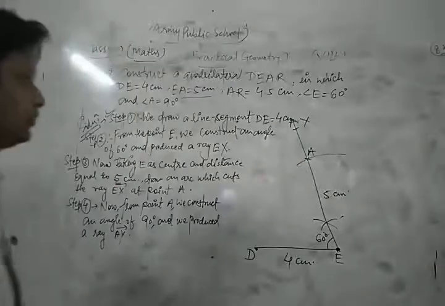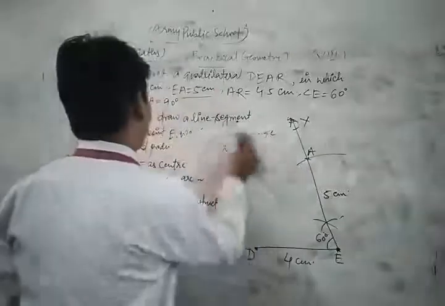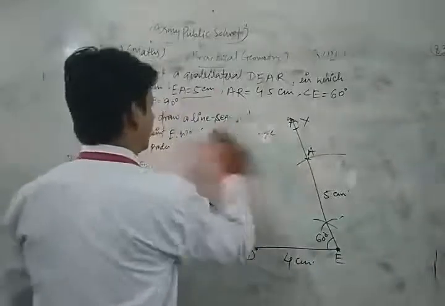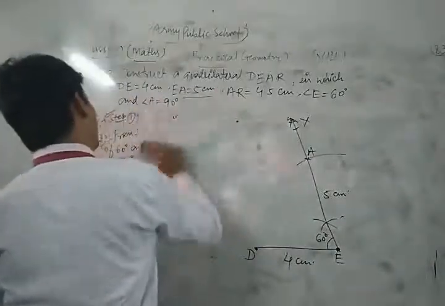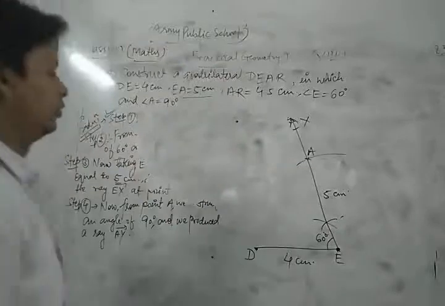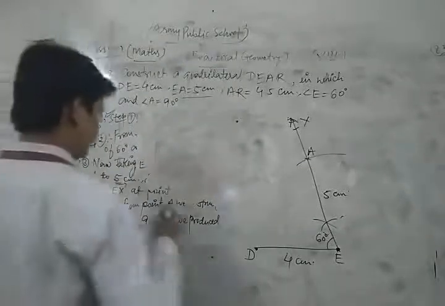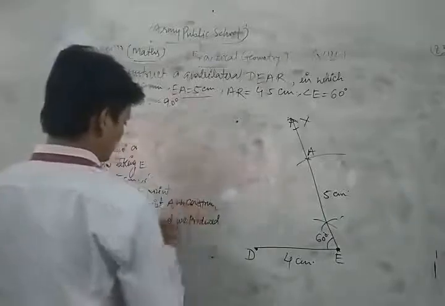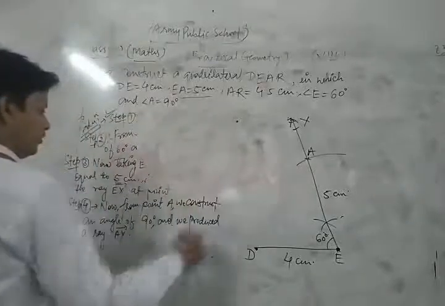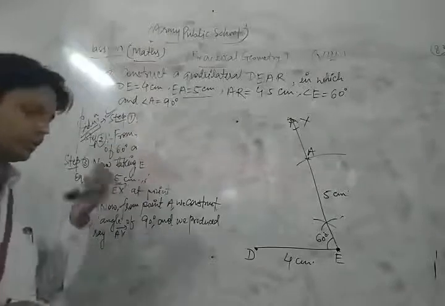Let's see, dear friends. From point A, we construct an angle of 90 degree and we produce a ray AY.